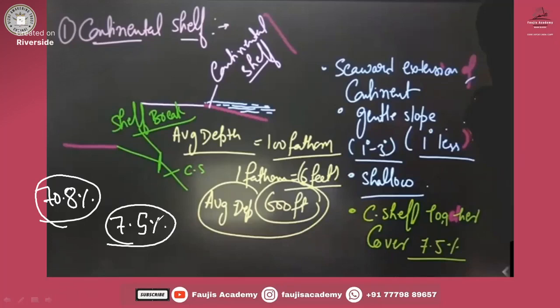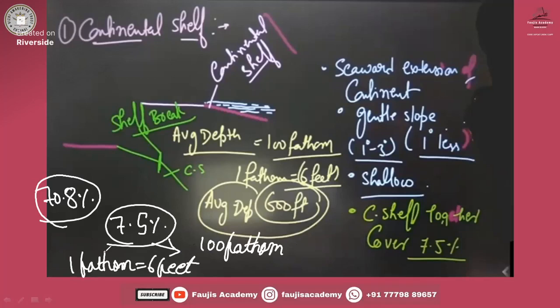So in that water body, totally 7.5% of the area is covered by the continental shelf. And the average depth of the continental shelf is 100 fathoms. Remember that 100 fathoms, and 1 fathom equals 6 feet. That means 600 feet.